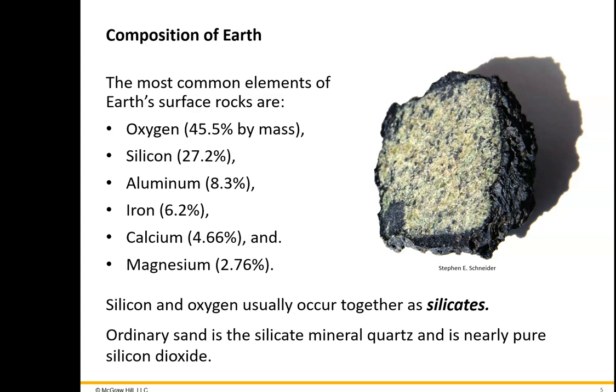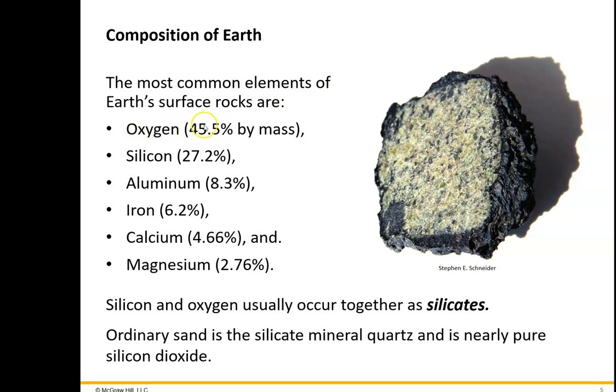But if you were just to count the atoms that make up the planet Earth, almost half of the atoms are actually oxygen. Now they're locked up into rocks for the most part. A very small fraction is what our atmosphere is.